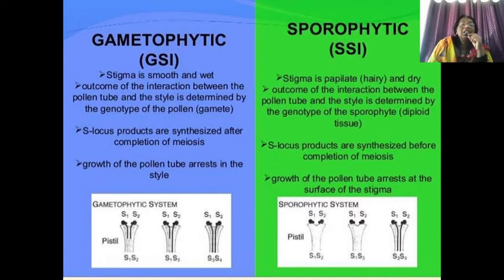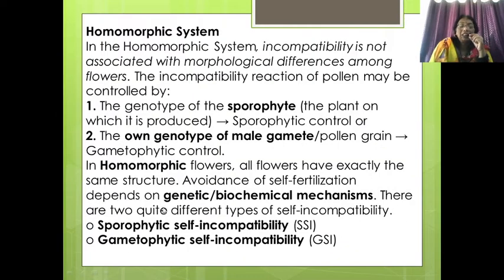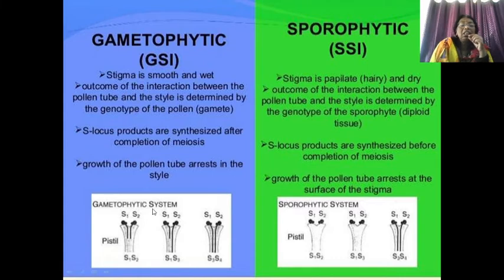The S locus is a site where the S gene is located, and that S gene is responsible for the formation of multiple alleles: S1, S2, S3, S4. These are multiple alleles produced from the S locus, and the S locus products mean the production of S1, S2, S3, S4.